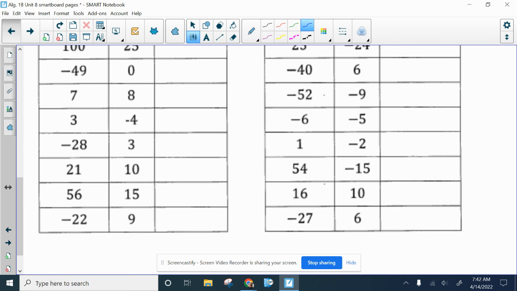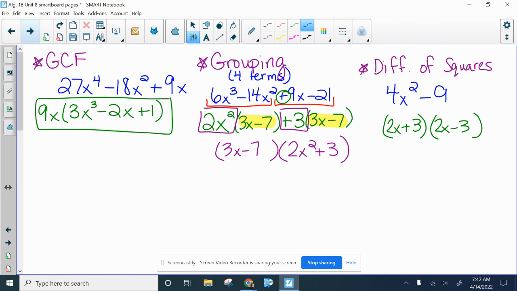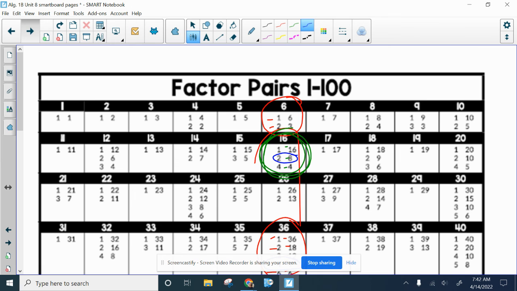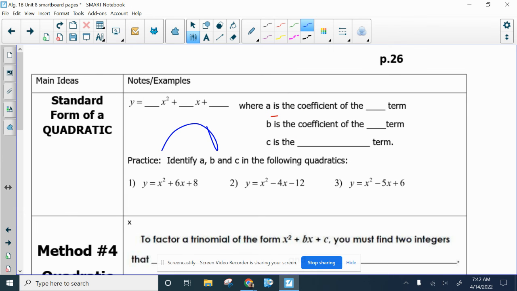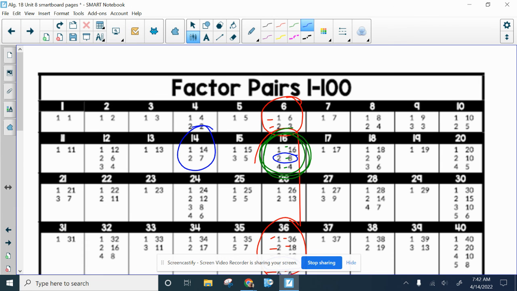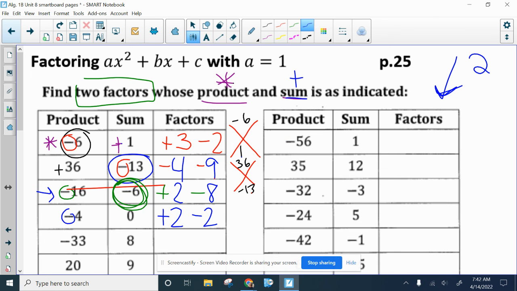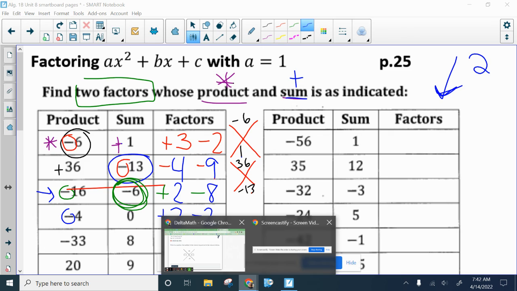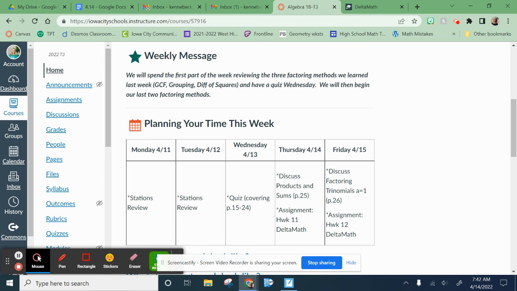If you want to get out a dry erase marker on your laminating sheet so you can do some circling and marking on that, by all means, go grab a dry erase marker and the eraser because that's helpful to zoom in. But when you are done, have the teacher check it. When those are all done, as a reminder, your assignment is homework 11 on Delta Math.